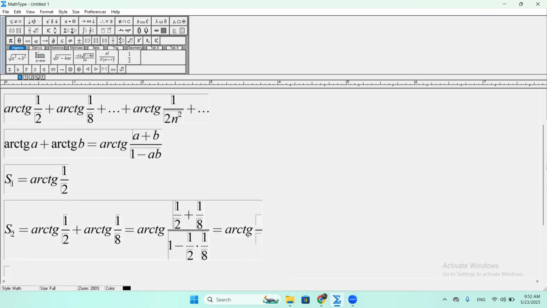In the numerator we have 1 over 2 equal to 4 over 8, so 5 over 8.